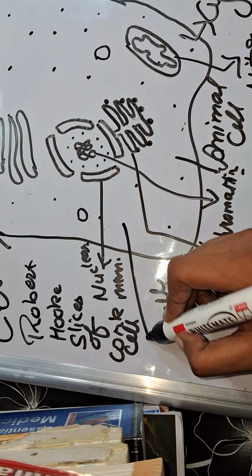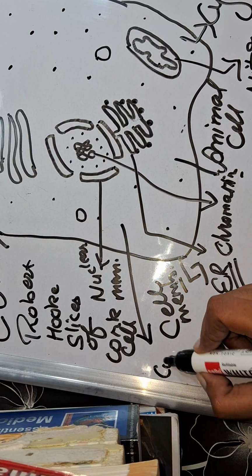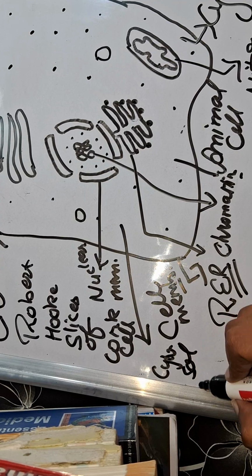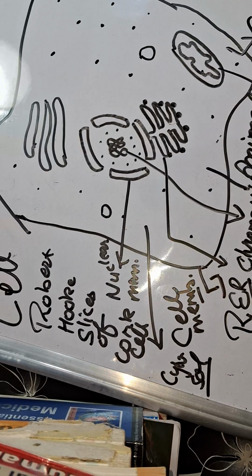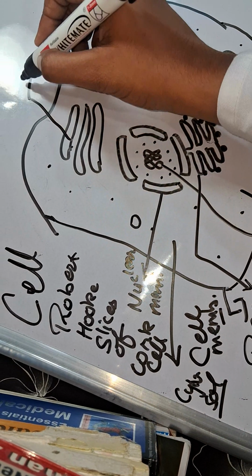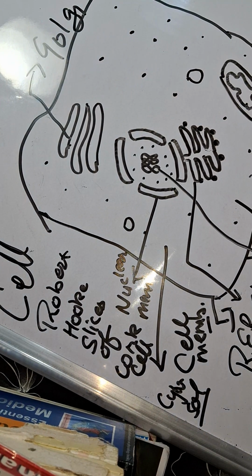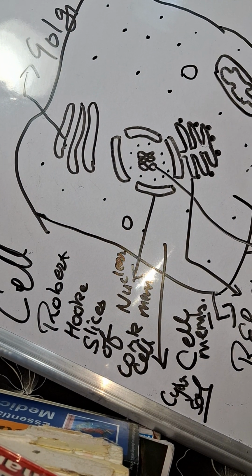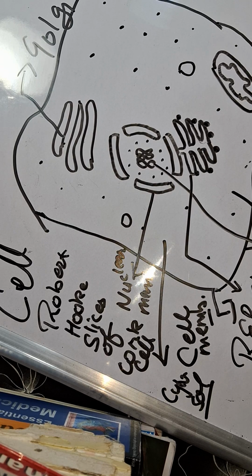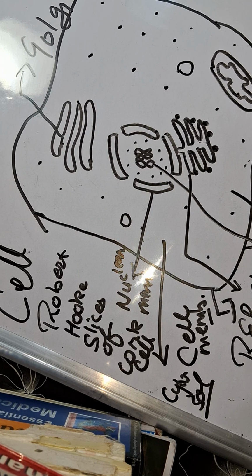So I'll mention it here, cytoplasm or cytosol. And these are the Golgi apparatus. They were discovered by Camillo Golgi and they are used for the packaging of materials.